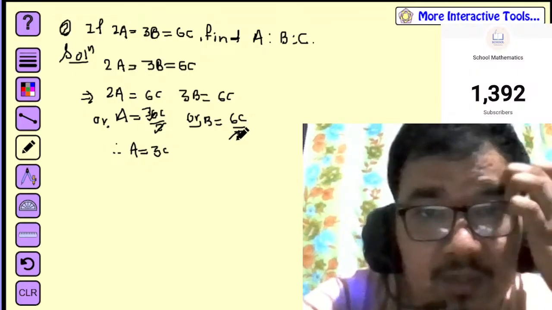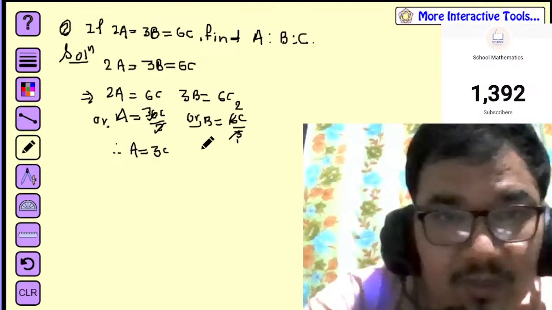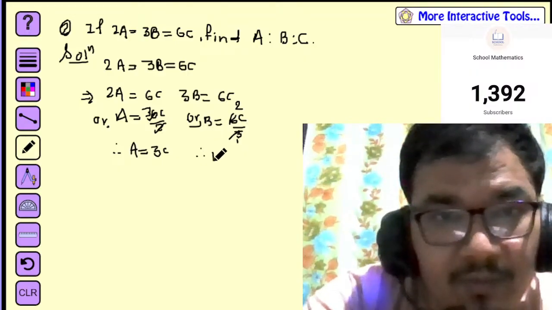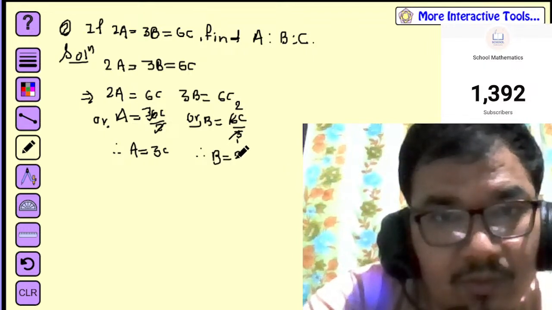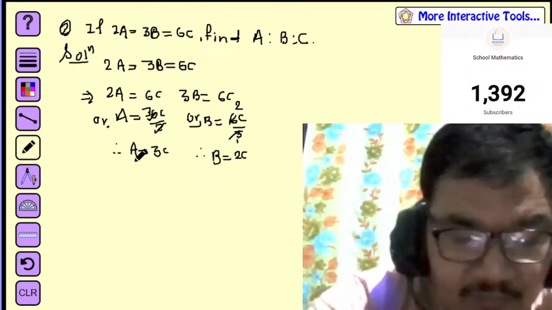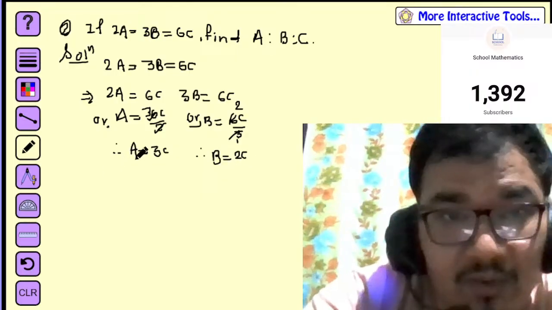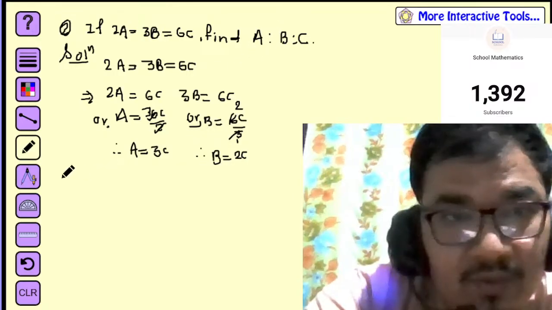We can cancel the 3, and 3 twos are 6. Therefore the b value also comes in terms of c: b equals 2c. If we know a in terms of c and b in terms of c, now we can find this value.